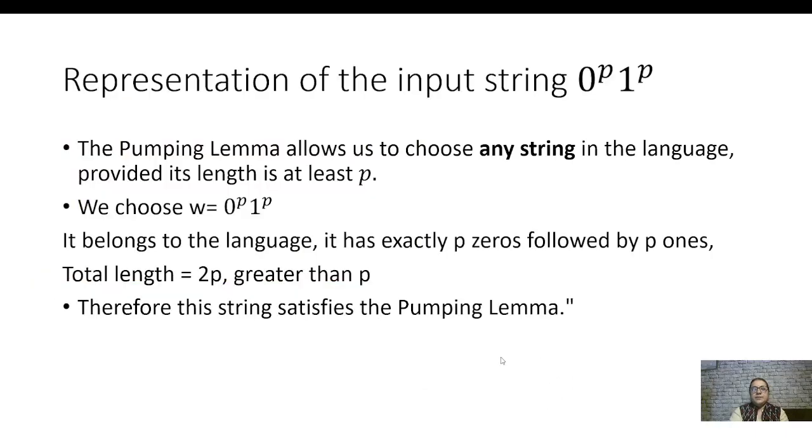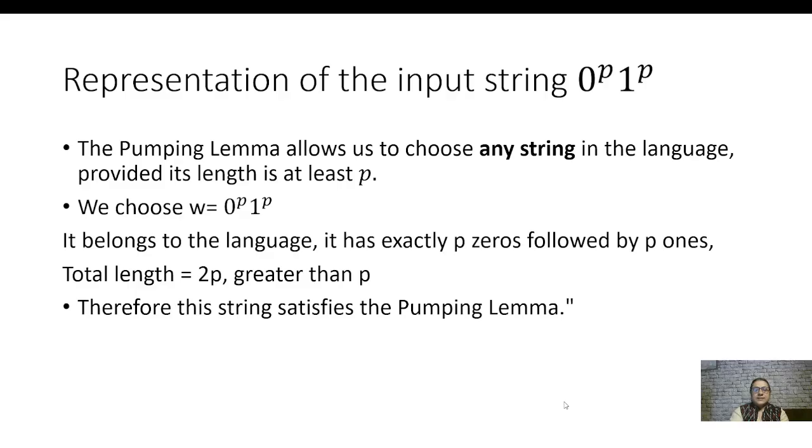The pumping lemma allows us to choose any string in the language, provided its length is at least p. Which string should we choose? We choose the simplest possible one. W is equal to 0 to the power p, 1 to the power p. Because it belongs to this language, it has exactly p zeros followed by p ones.